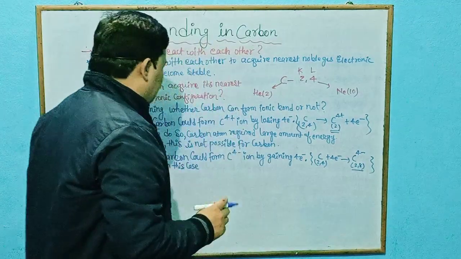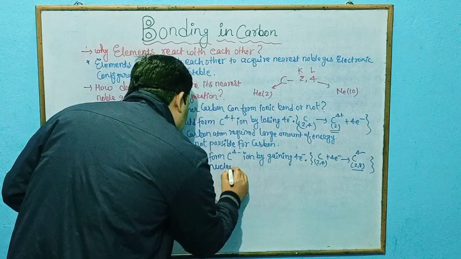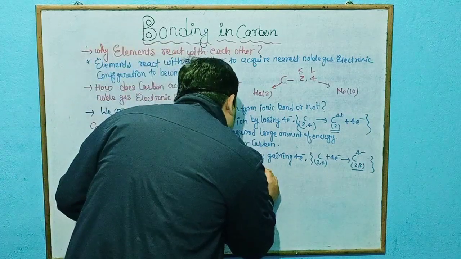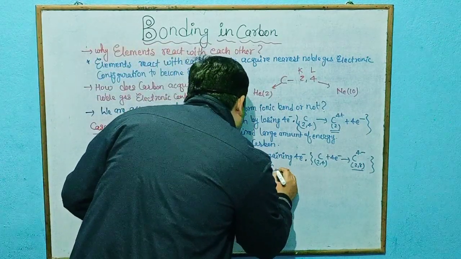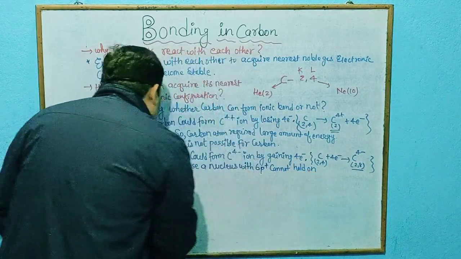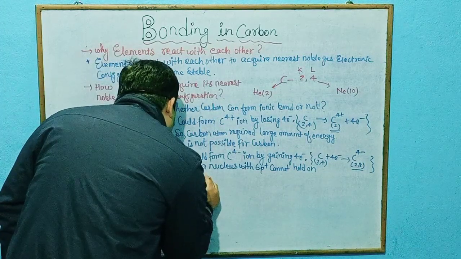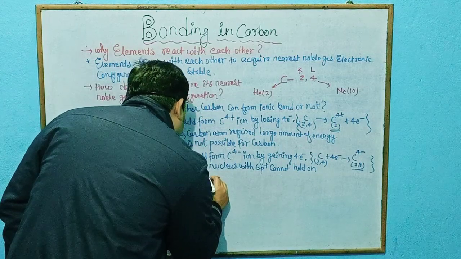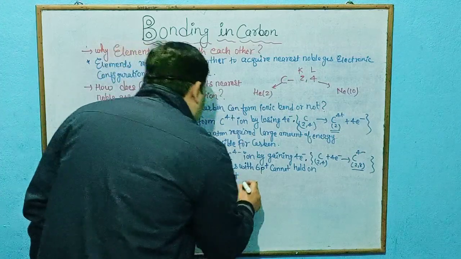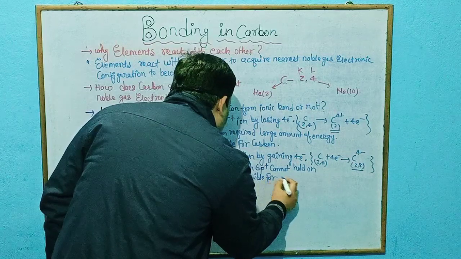So a nucleus with 6 protons cannot hold 10 electrons. So it is also not possible for carbon.